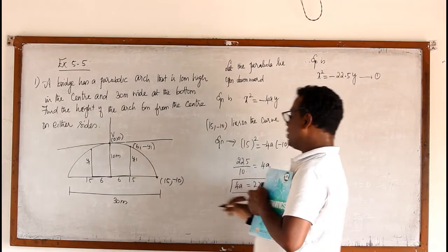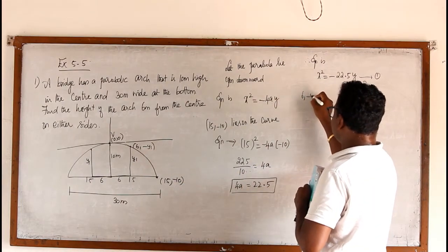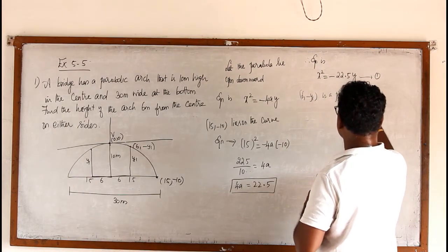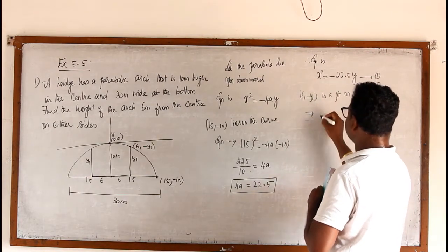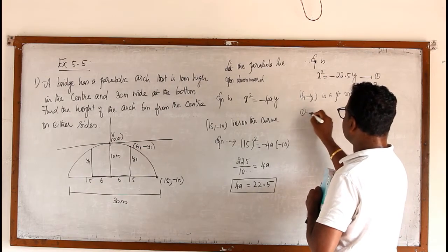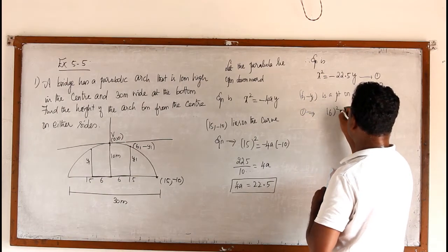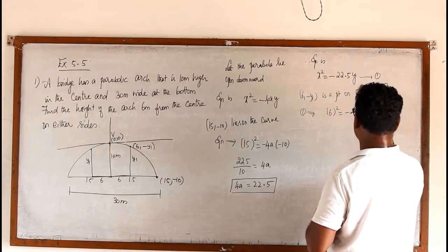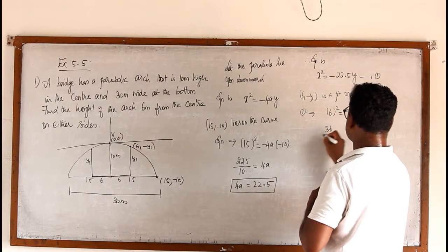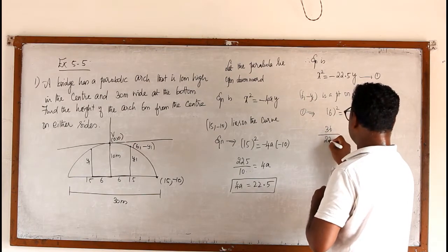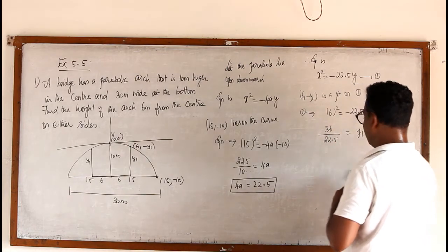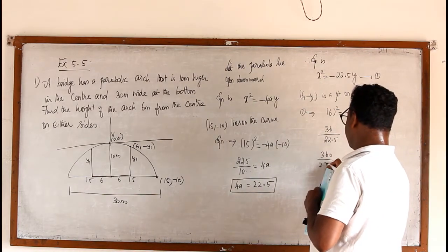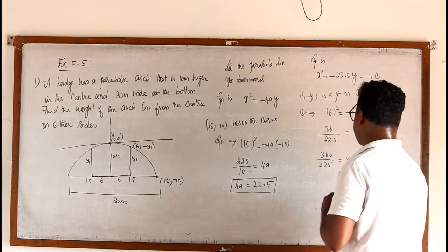Now let me take this point. (6, minus y1) is a point on the curve. Then the equation becomes, instead of x, 6 square equals minus 22.5 into minus y1. So it is 36 equal to 22.5 y1. So we can say 360 by 225 equals y1.